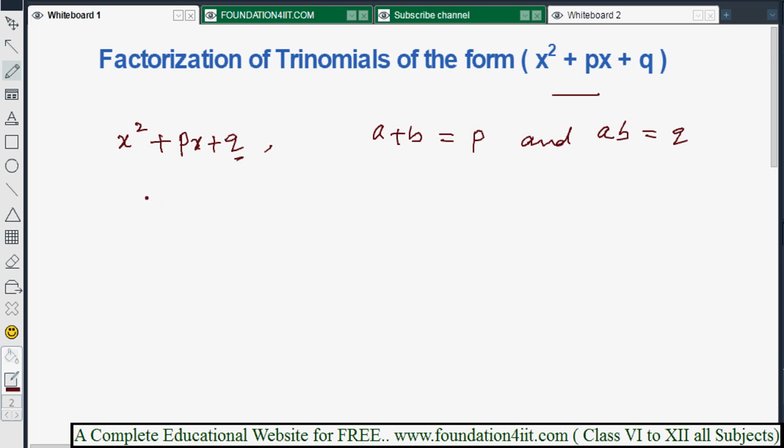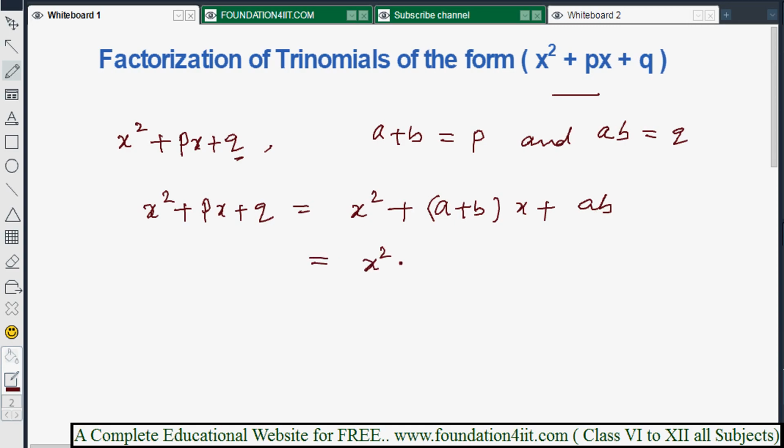See here the method also: x square plus px plus q is nothing but x square plus, p is the sum of the two numbers, so a plus b is nothing but p, x plus, in the place of q, ab. If you can convert like this, then it's very simple. Splitting the middle term: x square plus ax plus bx plus ab.